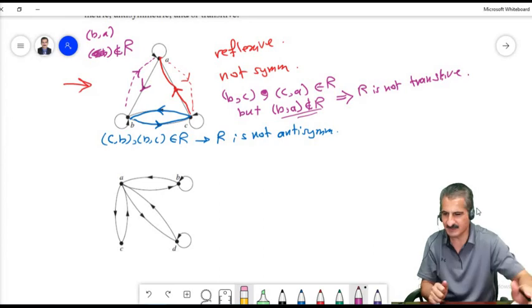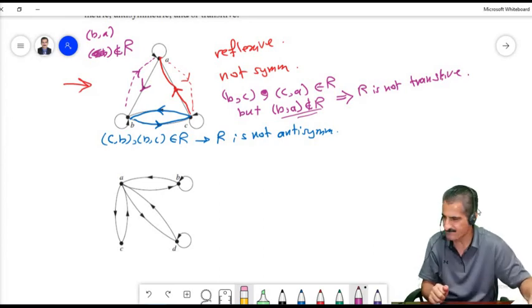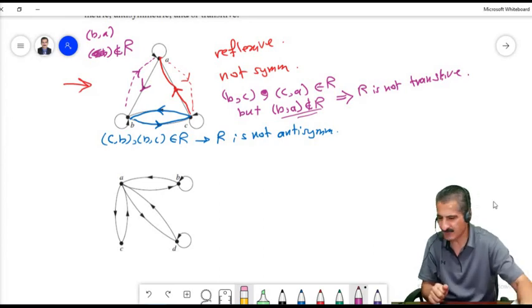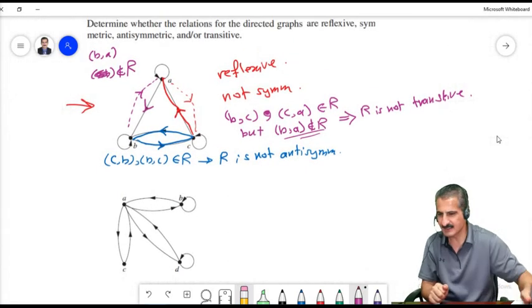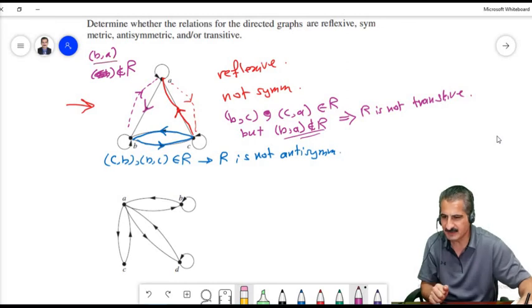Is it reflexive? Okay, I will repeat that. Mawadda is asking, B is not related to A, right? B is not related to A because this arrow I am making in dots does not exist.